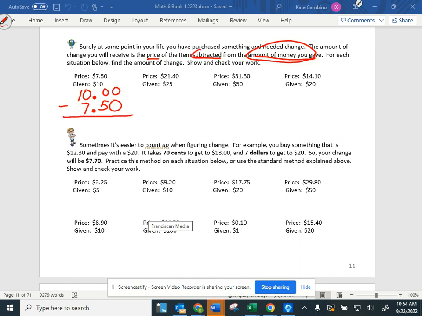Remember that we are subtracting. So now I need to subtract it. 0 minus 0 is 0. 0 minus 5. Can't do it. So what do I have to do, A and B? I have to borrow. Well, I can't borrow from a 0.